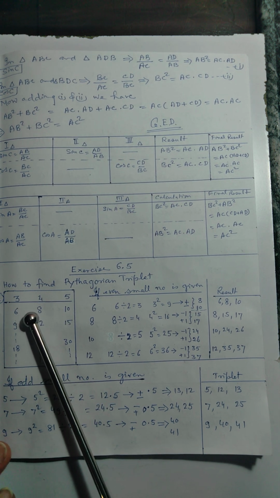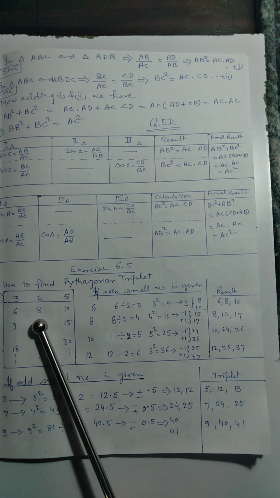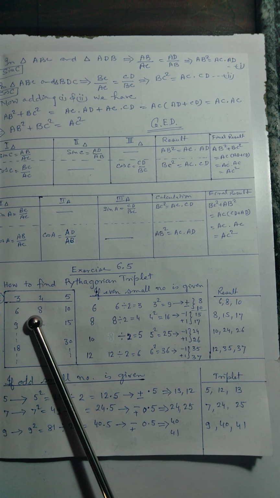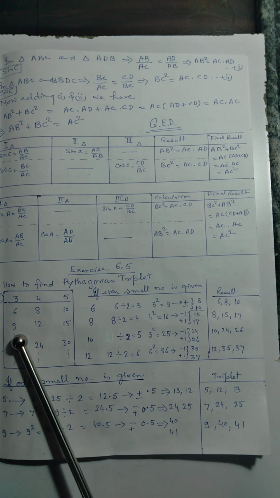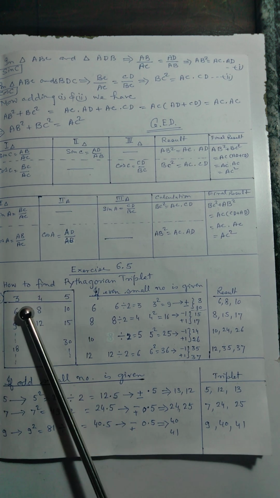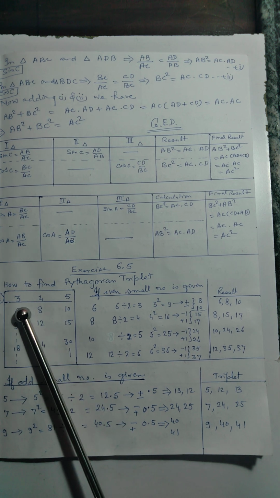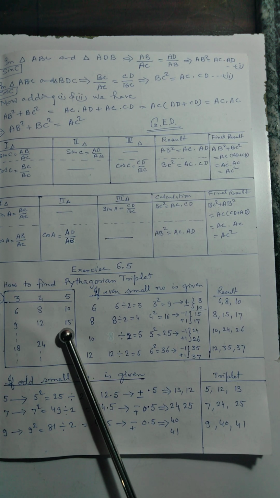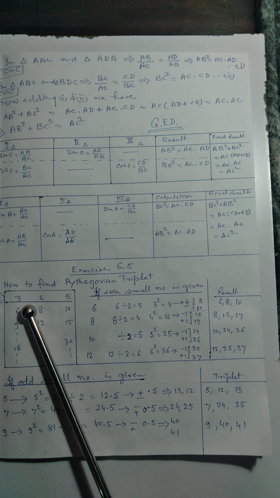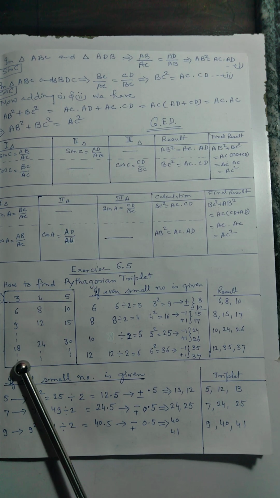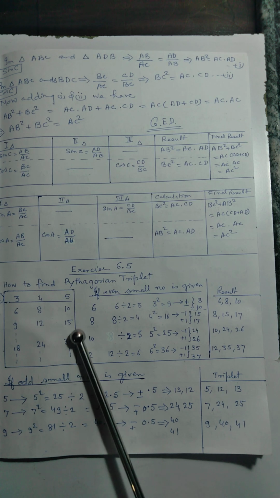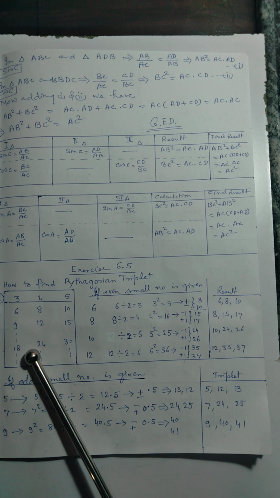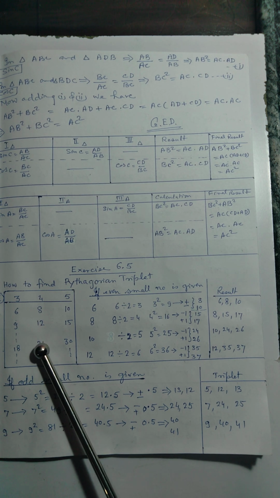So if you want more Pythagorean triplets, you just multiply it by 2, you will get 6, 8, 10. If you multiply 3, 4, 5 by 3, you will get 9, 12, 15. If you multiply it by 6, you will get 18, 24, 30. Like so on, you can get from this. This is one of the methods to find the Pythagorean triplet.